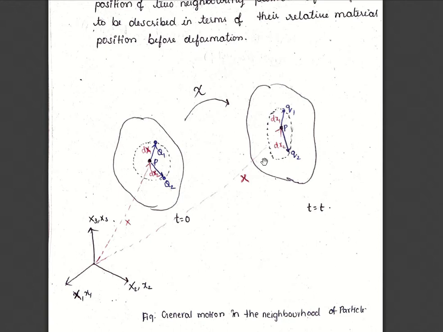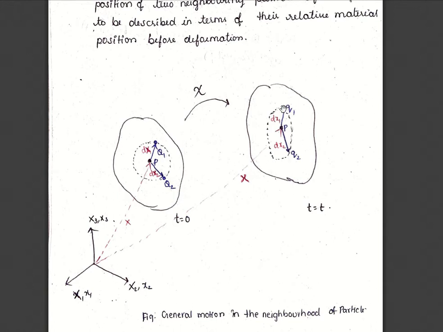Let me repeat: this is the material configuration, or undeformed configuration, or reference configuration. After deformation, this is the deformed configuration, or current configuration, or spatial configuration.